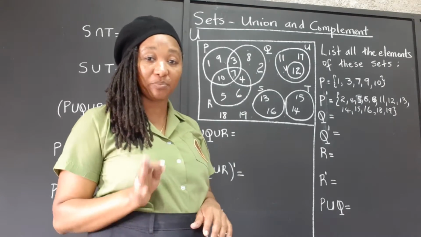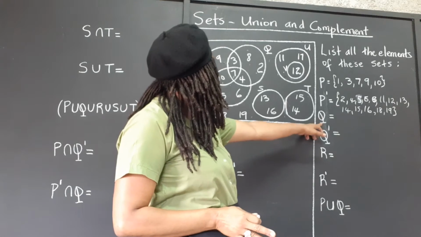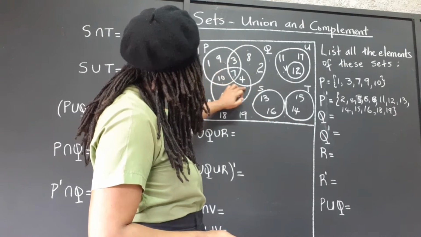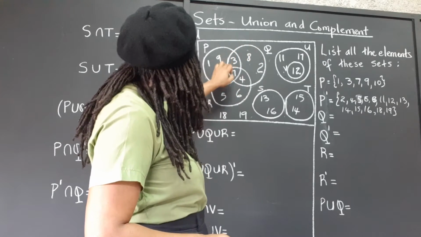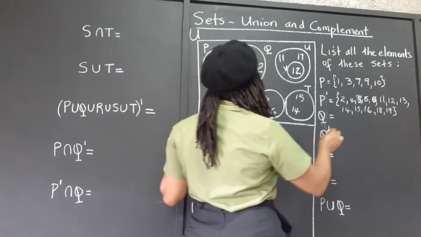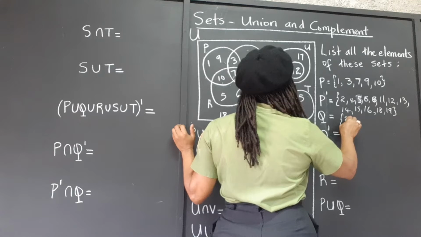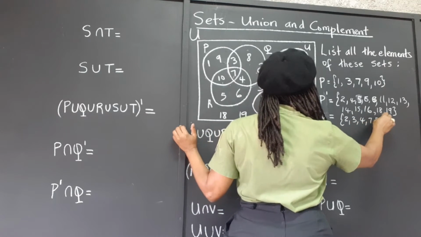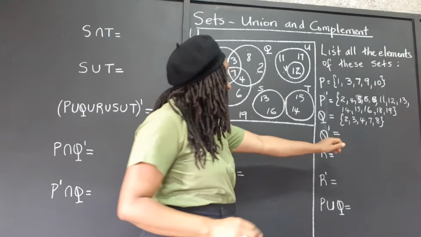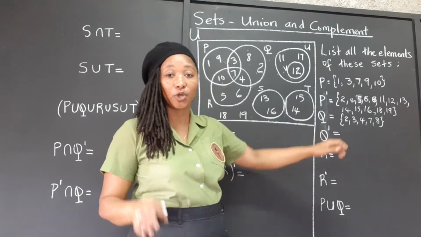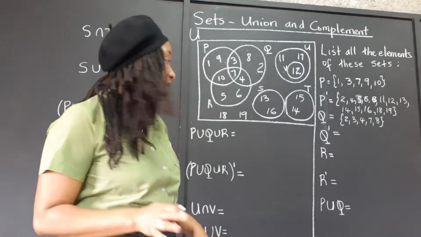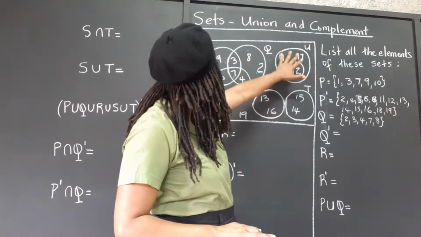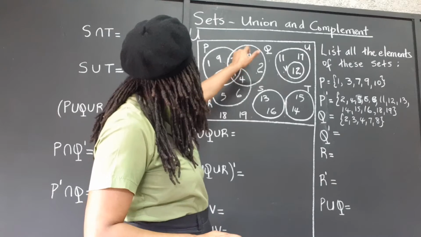What's not in P? How about Q? Set Q, so that's this circle there. The elements of Q will be 2, 3, 4, 7, and 8. What's not in Q? So Q complement. What's not in Q would be everything outside of the Q circle.